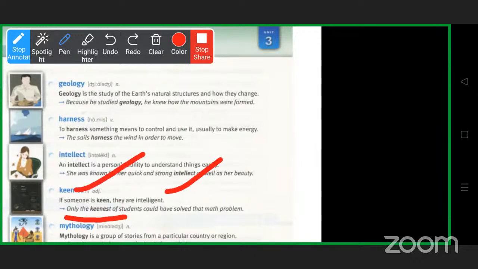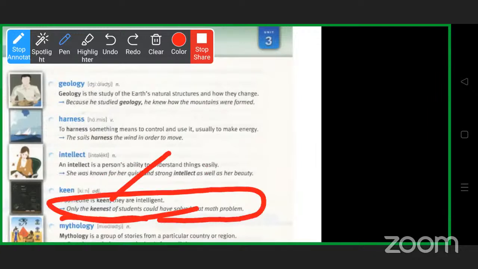Let me tell you, keen interest: he has keen interest, he has curiosity to do something, so in that case we can say that it is keen. Only the keenest of the students could have solved the maths problem. The pupils or the learners who have more interest in maths could have done that problem by themselves. Otherwise they could have asked the teacher to solve it for them.